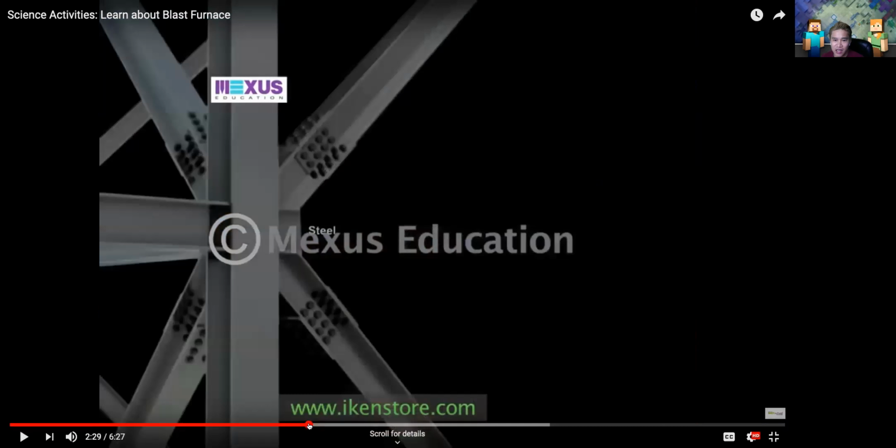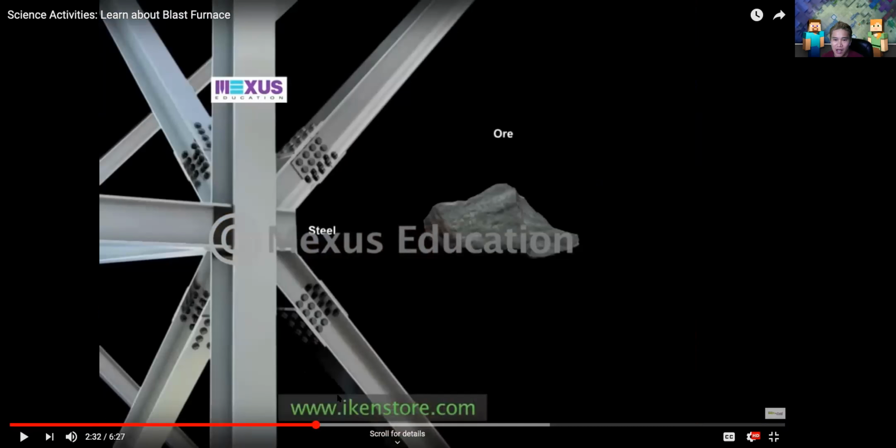So again, this steel here is derived from an iron ore. An example of an iron ore is hematite. Steel is a combination of carbon and iron. Steel is an alloy, a combination of metals.